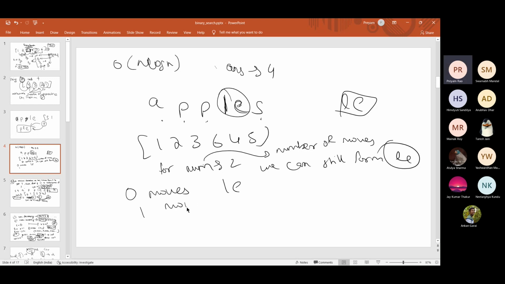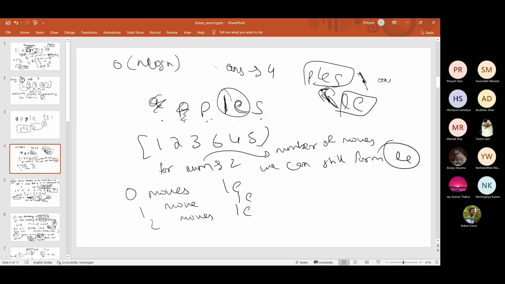If we do 1 move, we can still form LE. 2 moves means we are deleting the first element and the second element. What are we left with? We are left with PLES. Notice that LE is a subsequence of PLES, so since it's a subsequence, 2 is a possible answer.